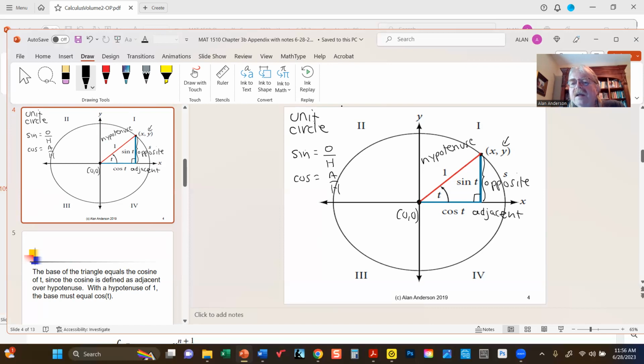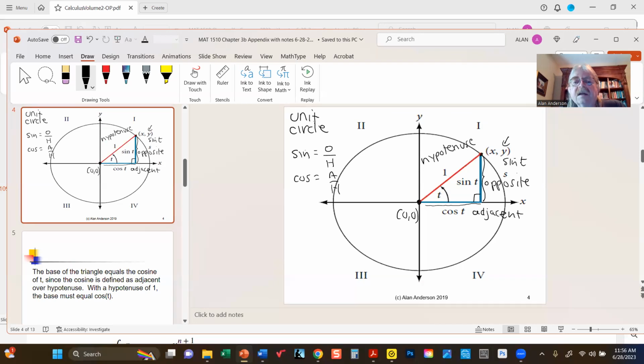which is the y coordinate of this point, is the sine of T. In other words, this point tells me where the radius touches the circle. So y itself is the cosine of T. I'm sorry, it's the sine of T. And based on similar reasoning, since the cosine is the adjacent over the hypotenuse, that would be this side, which means that's the x coordinate.